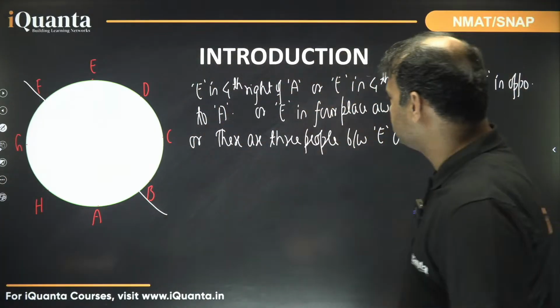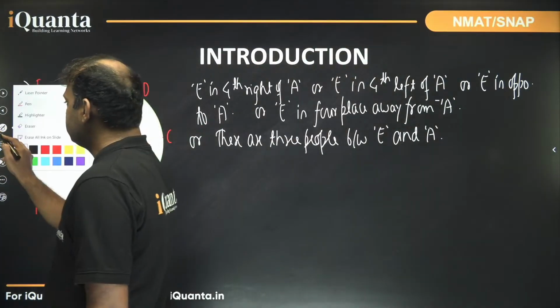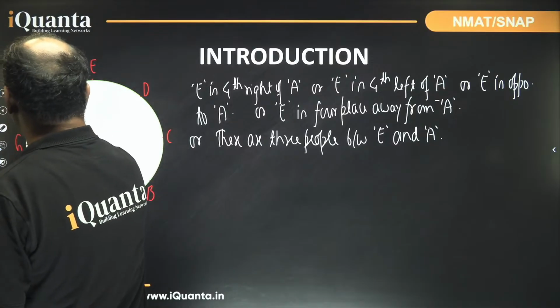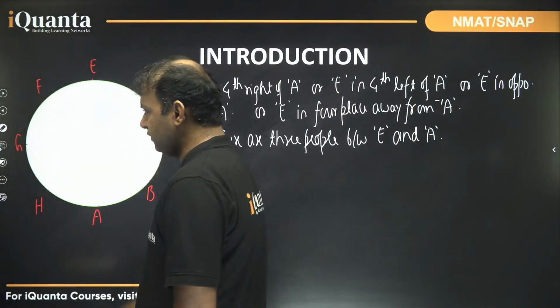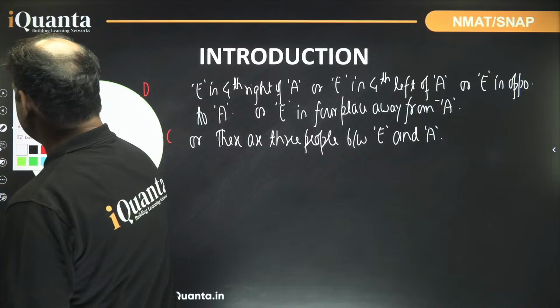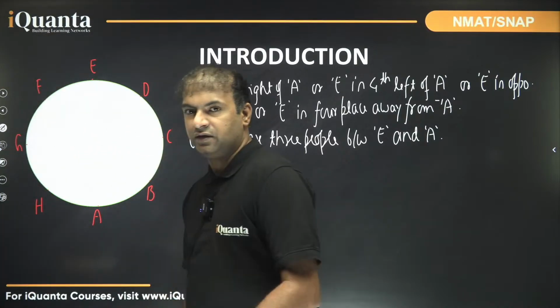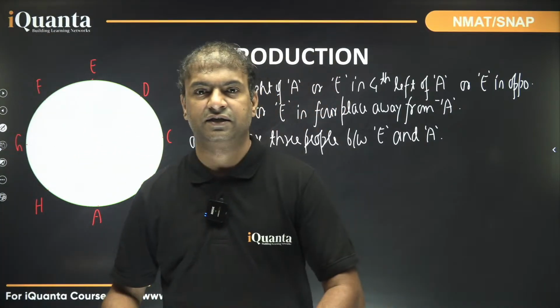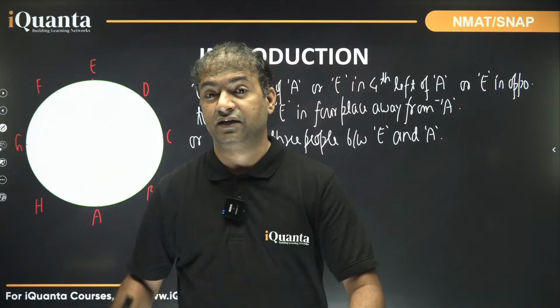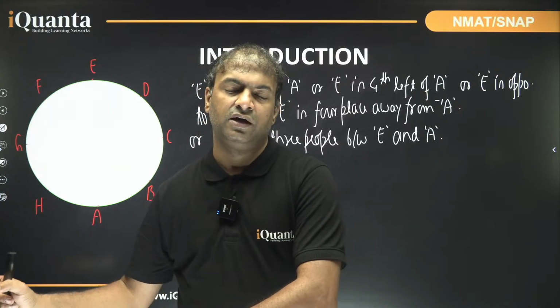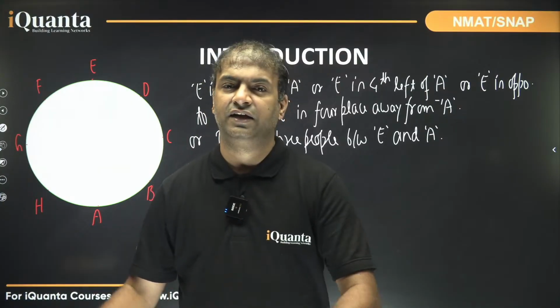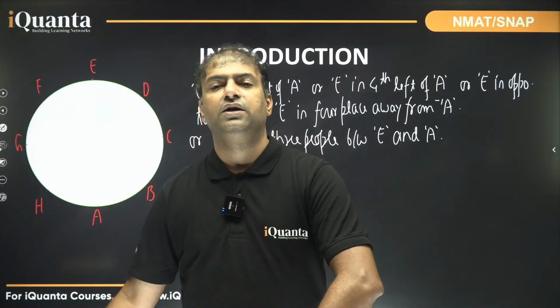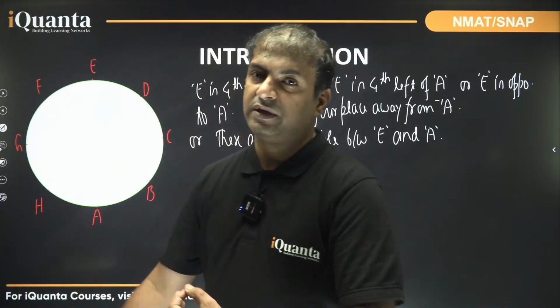Okay, why am I discussing this point so much? Because guys, in a lot of sets, let's say there are 8 people in a particular question, and they are saying that there are 3 people sitting between these 2 people. So we should automatically understand that these 2 people are opposite to each other, and start solving with respect to that point.